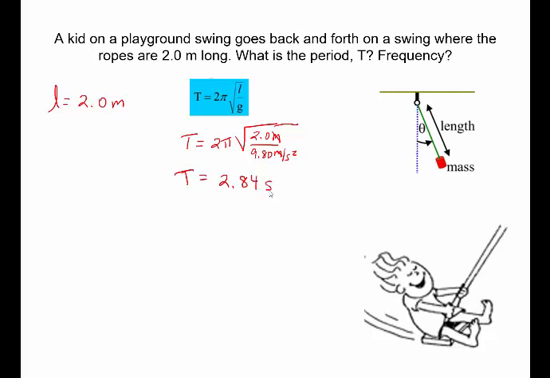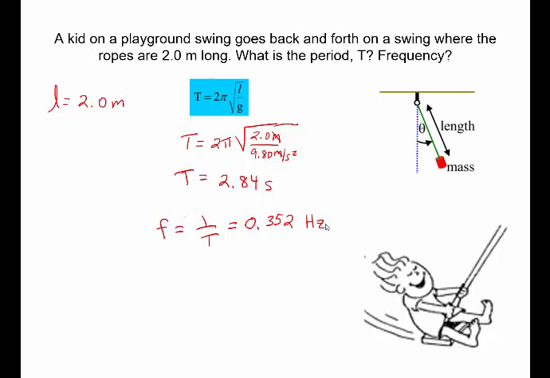seconds. Now we want to know the frequency. The frequency is just 1 over the period. So we can take the reciprocal, x to the minus 1, and we get 0.352 cycles per second, which is a hertz.